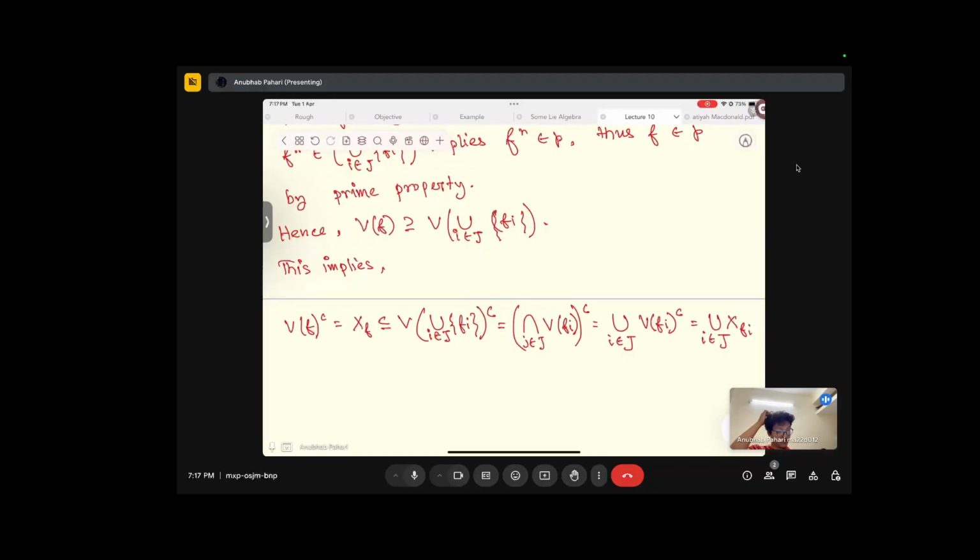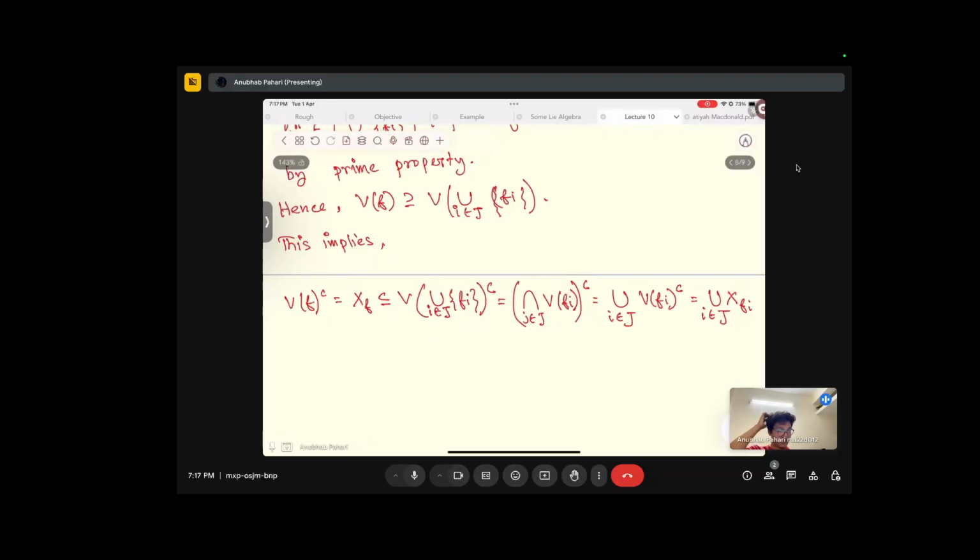So this looks hideous, but if you look carefully, these are all trivial steps.